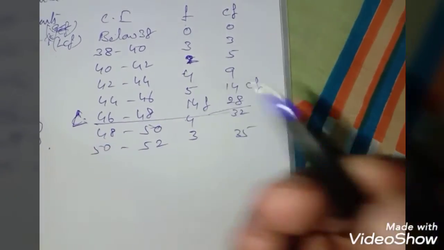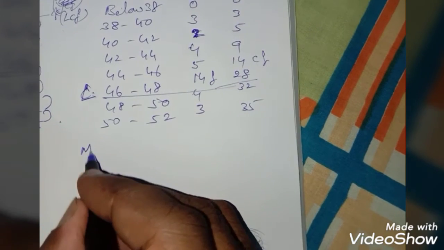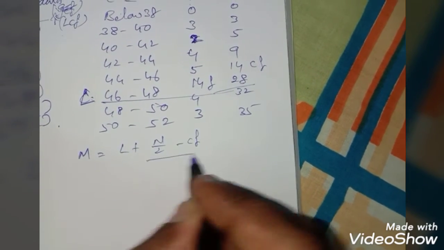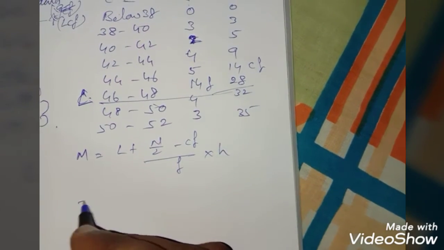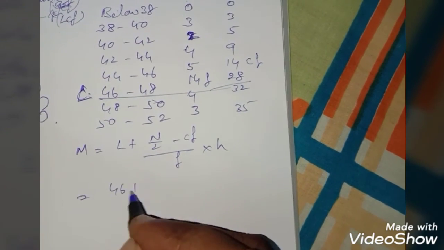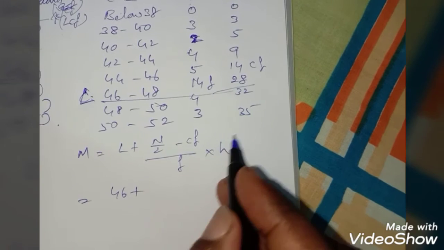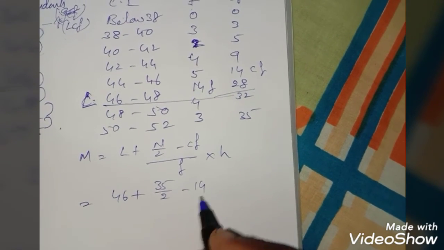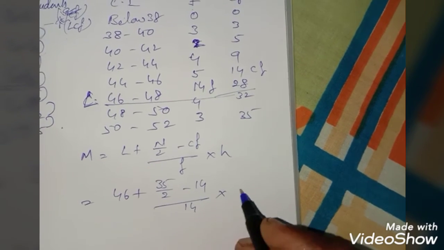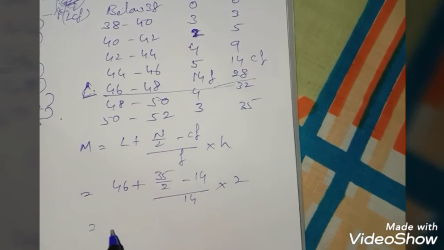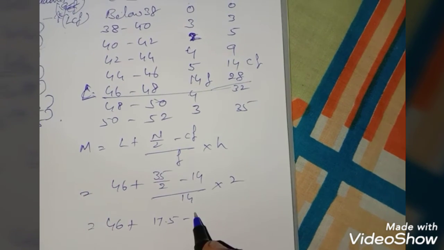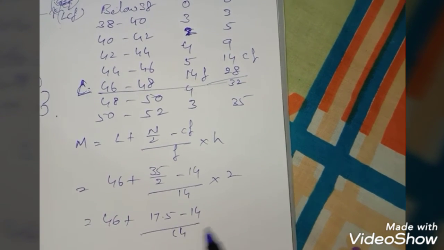As per the formula, median is equal to L plus (n by 2 minus cf) by f into h. L is 46, n is the total frequency, which is 35, by 2, minus cf is 14, by f is 14, into height 2. So 46 plus (17.5 minus 14) by 14 into 2.